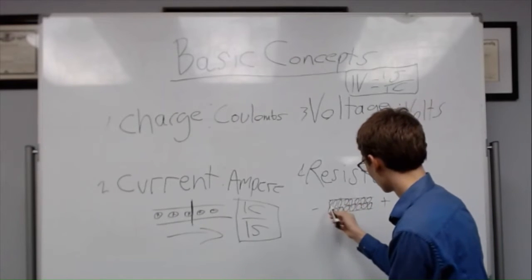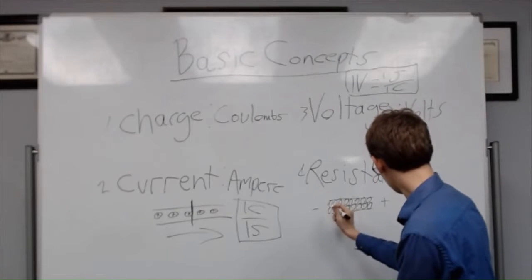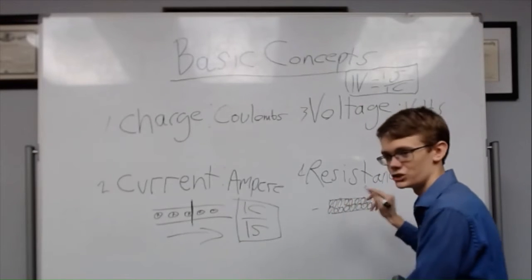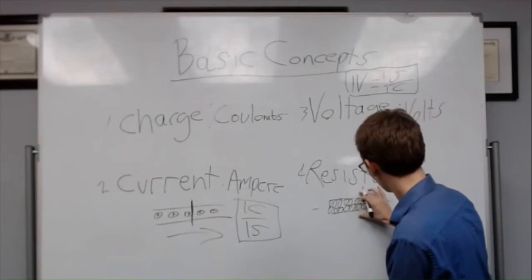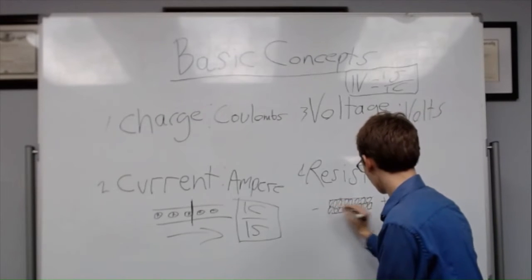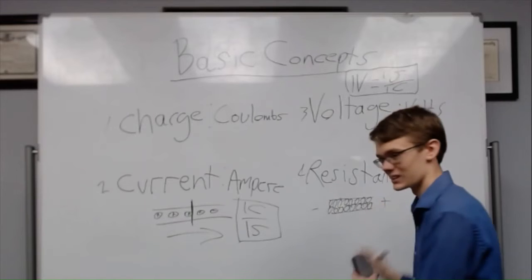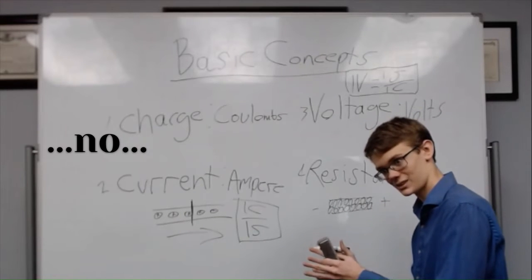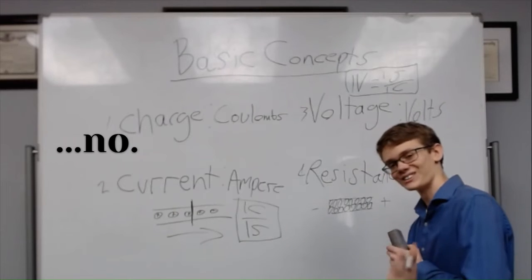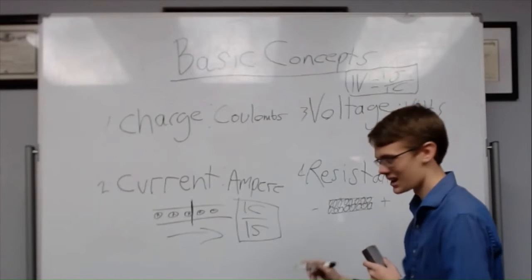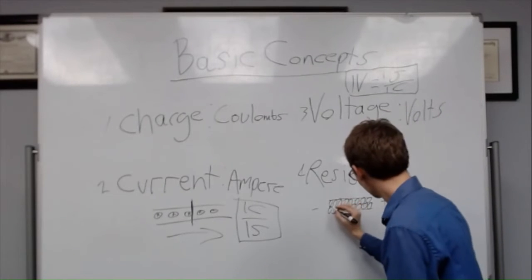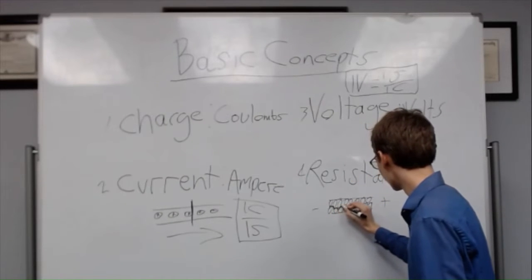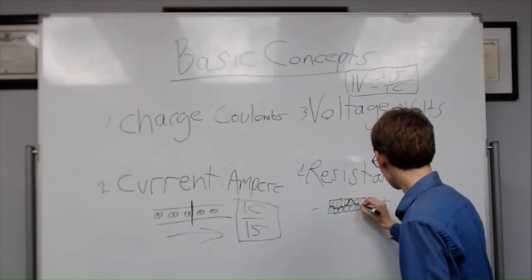So now we have an electron that's trying to make its way through this dense jungle of protons, and it is trying to make its way to this positive charge because, as I said, the like charges are going to repel, and opposite charges are going to attract. So this electron here is going to be trying to fight its way through here. But that's hard. It's not easy.